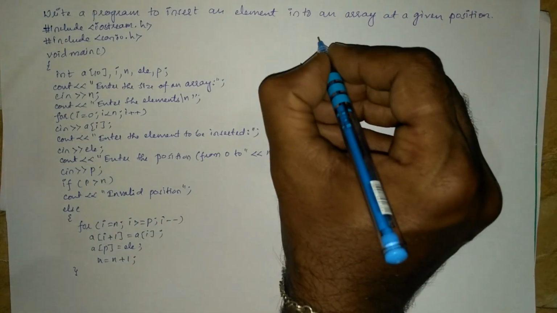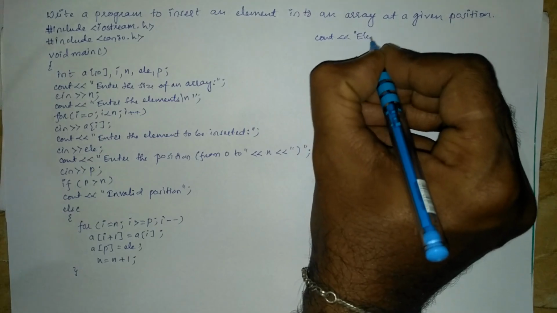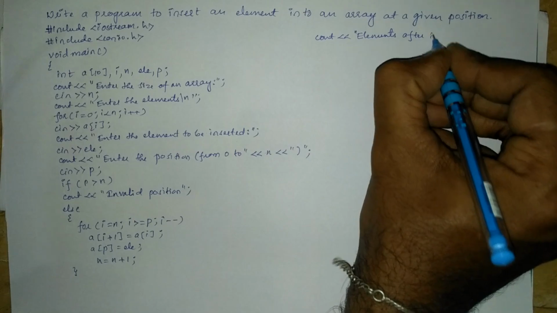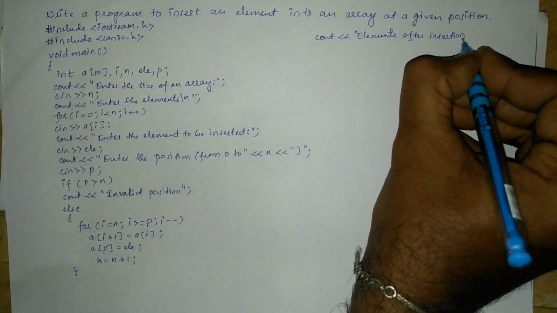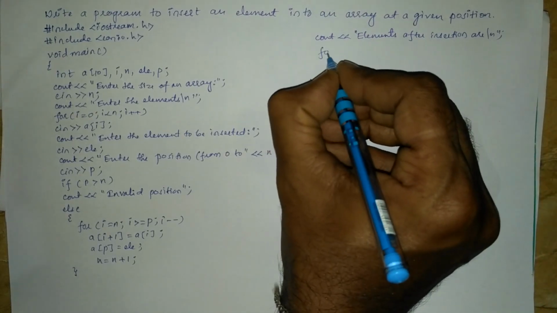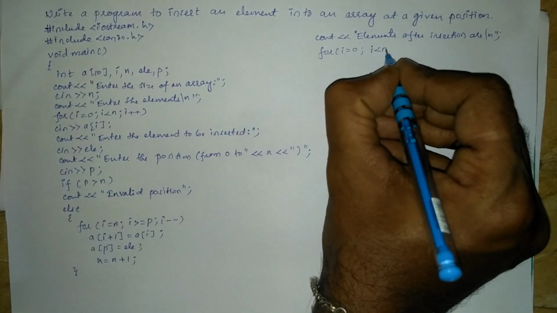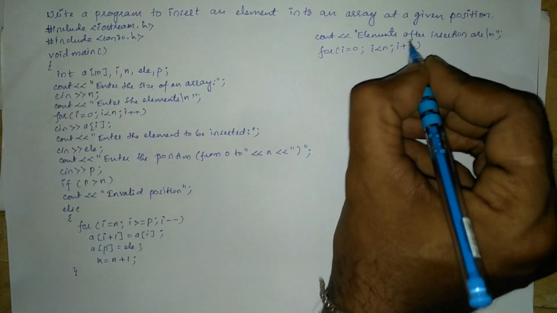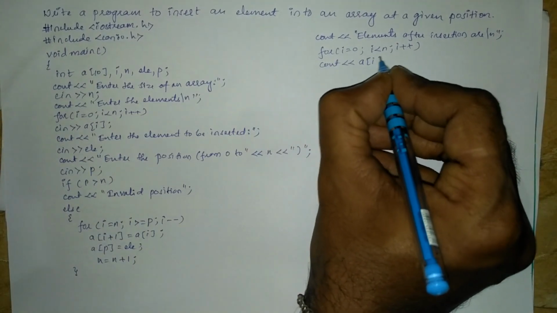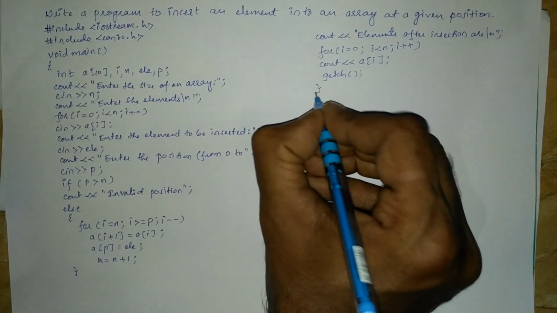Now I'm going to write cout "elements after insertion". Here using a for loop I'm going to display all the elements after insertion. cout, stream insertion operator, a[i], and getch function, then curly closing brace.